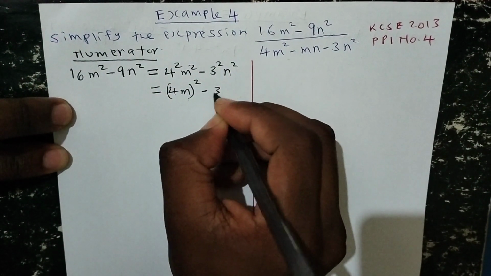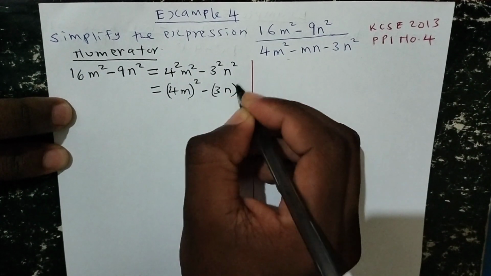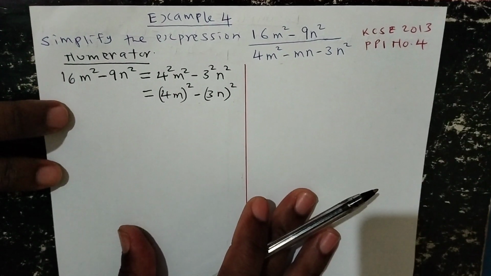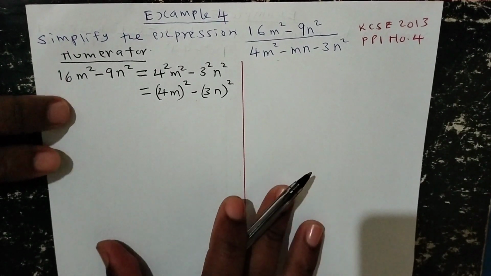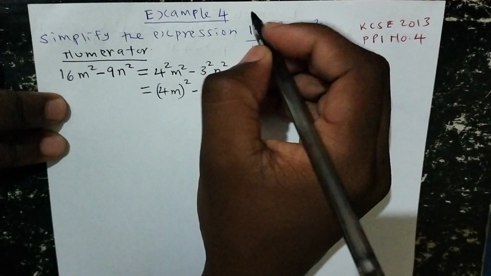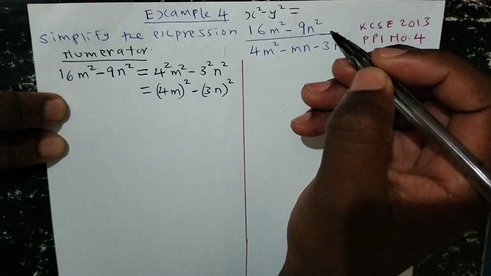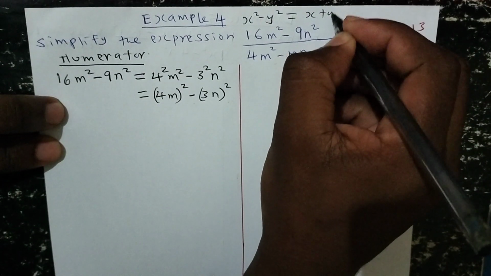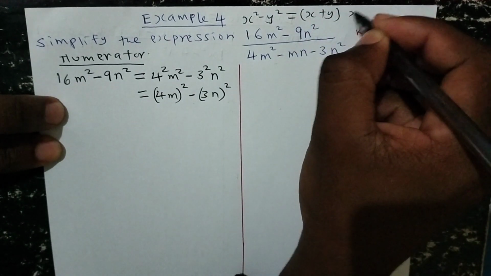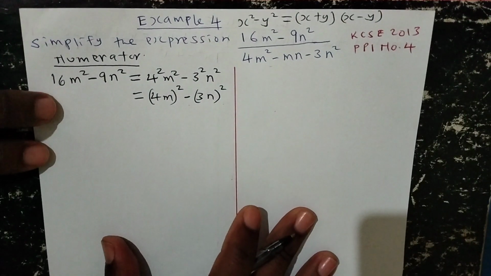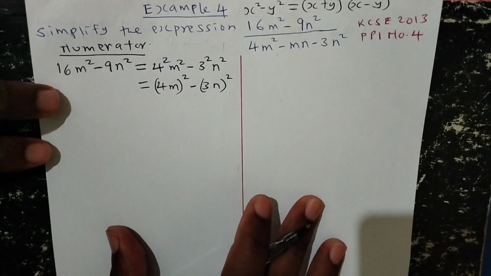You can see clearly this is a difference of two squares. We'll use the property which states that whenever you have x squared minus y squared, this is the same as x plus y multiplied by x minus y. This is the property that I'm going to use to simplify my numerator.